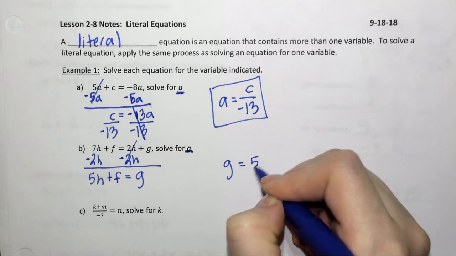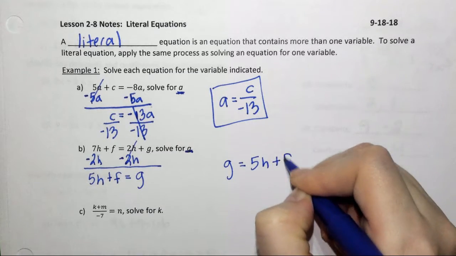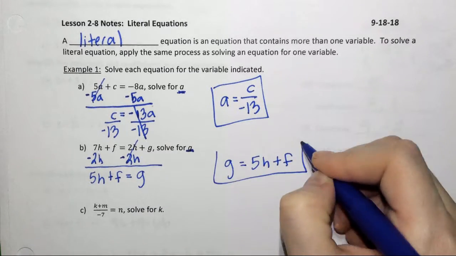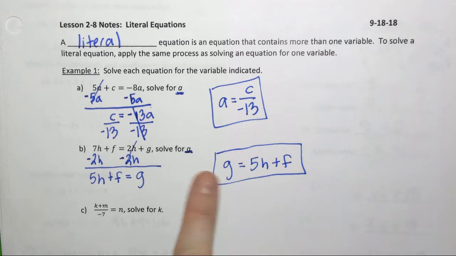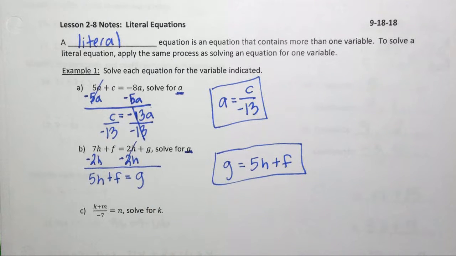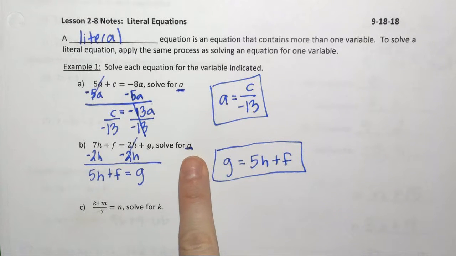So g is equal to 5h plus f. And it doesn't matter if you write it with the g on the left side or on the right side. Both are fine. As soon as whatever variable it says to solve for is by itself, then you're done.